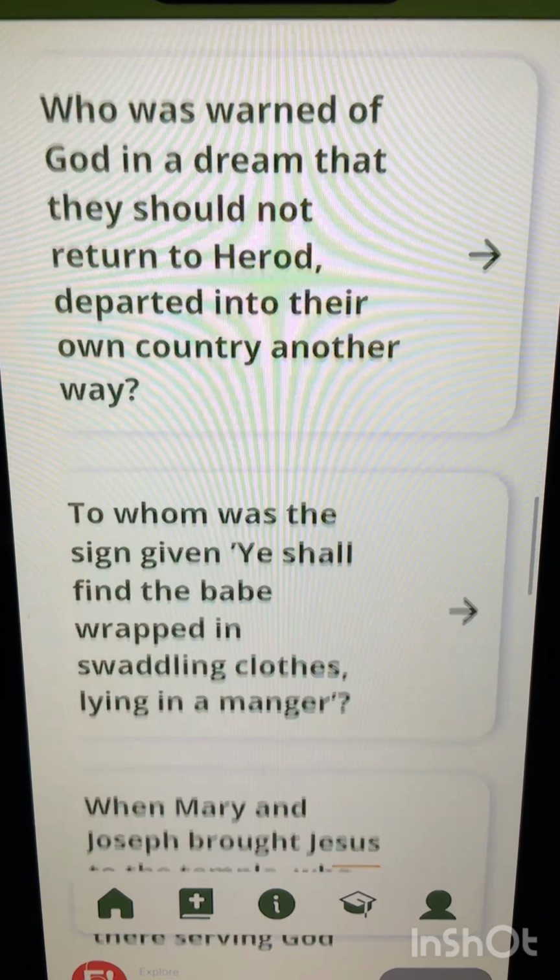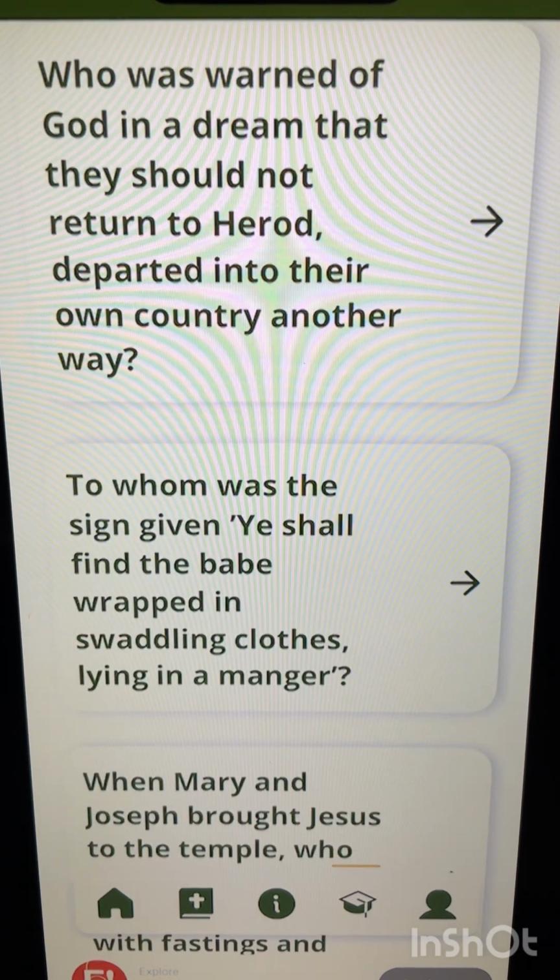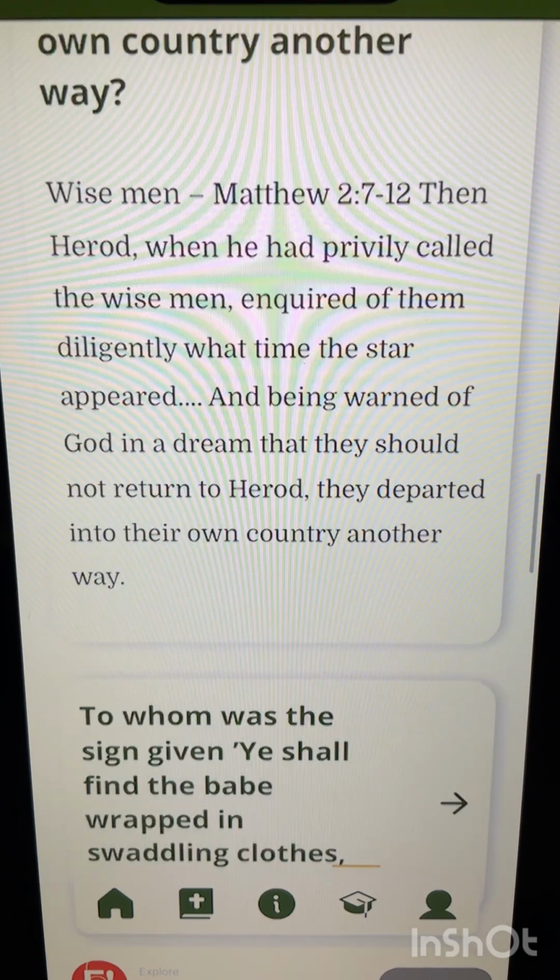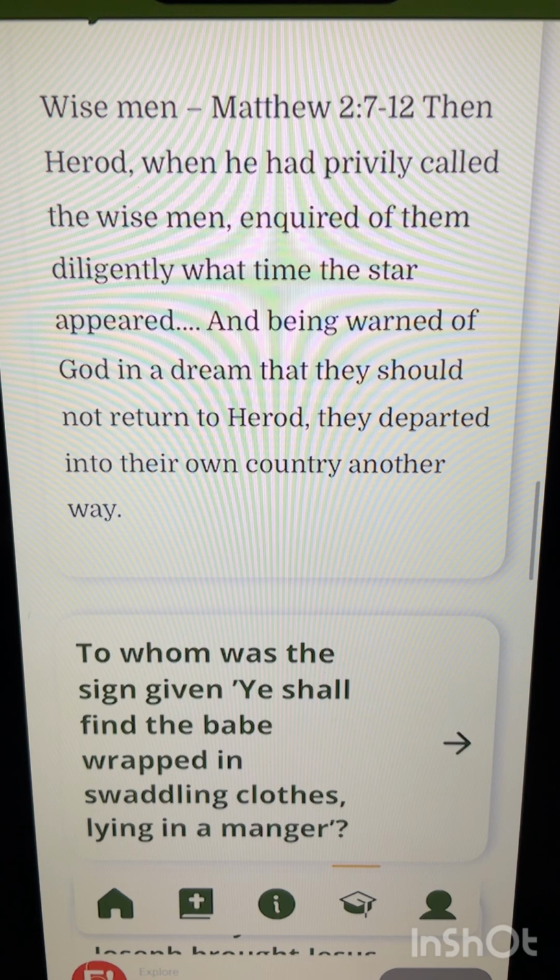Another question is, who was warned of God in a dream that they should not return to Herod, and departed into their own country another way? And the answer is the wise men.